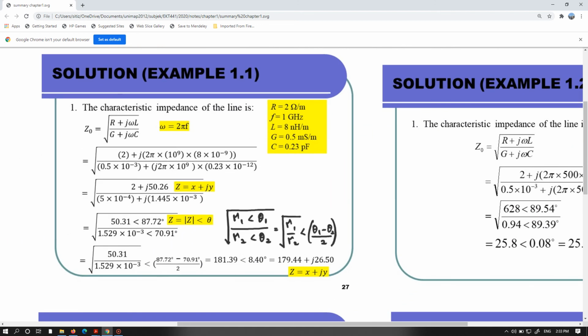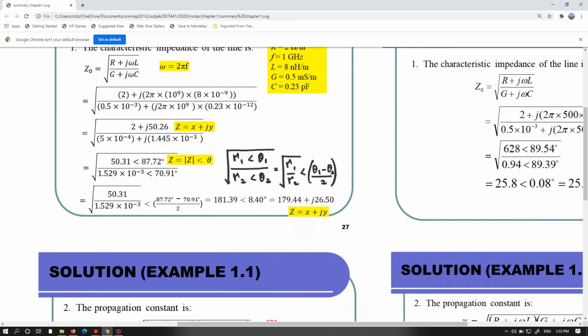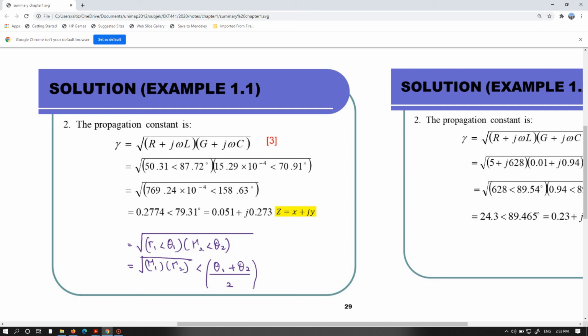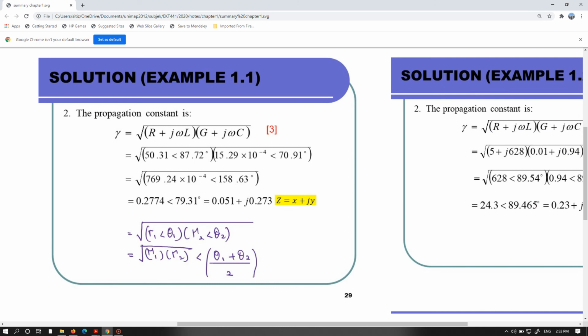You just substitute all the values, but you have to know how to press on your calculator. If you have division, just divide the magnitude. For the phase, you subtract and divide by 2, because it is a square root. And for multiplication, for the phase you add both and divide by 2 because of the square root.